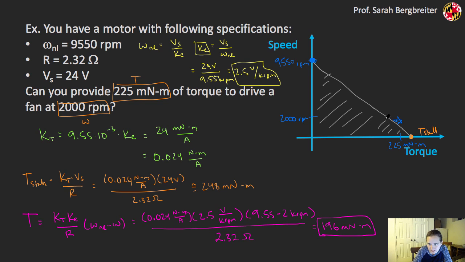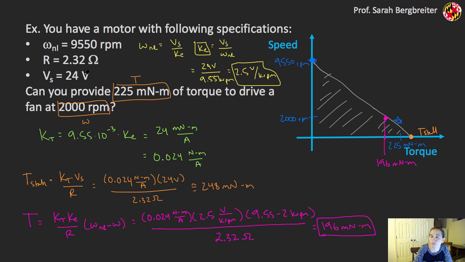So that means that this point on this line is that 196 millinewton meters right here. So I cannot get the 225 millinewton meters that I need to apply at the 2000 RPM. So this motor effectively would not be sufficient.